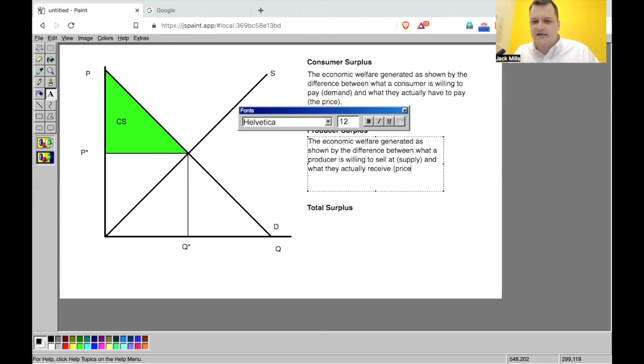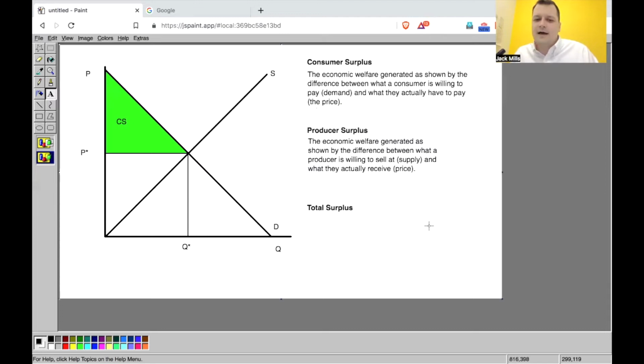And that's the price, okay? And we can label that difference between the supply curve and the price. We're going to paint it with a bright yellow. And then we're going to label it PS.